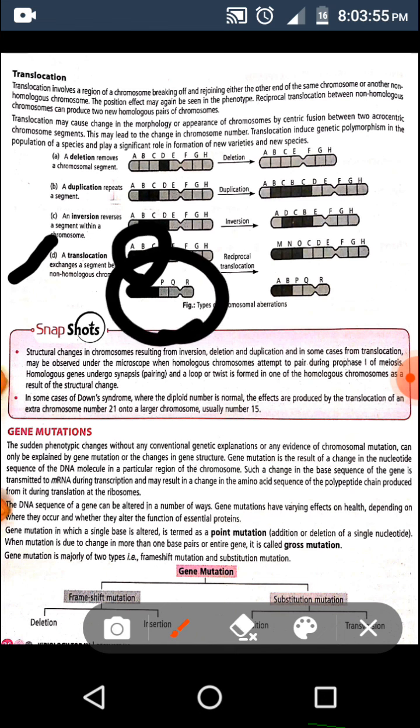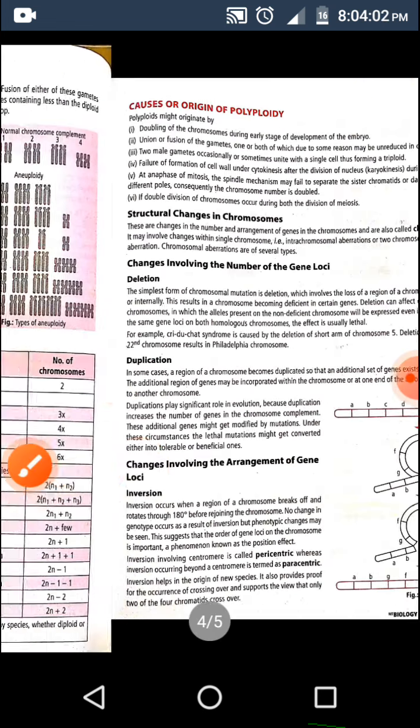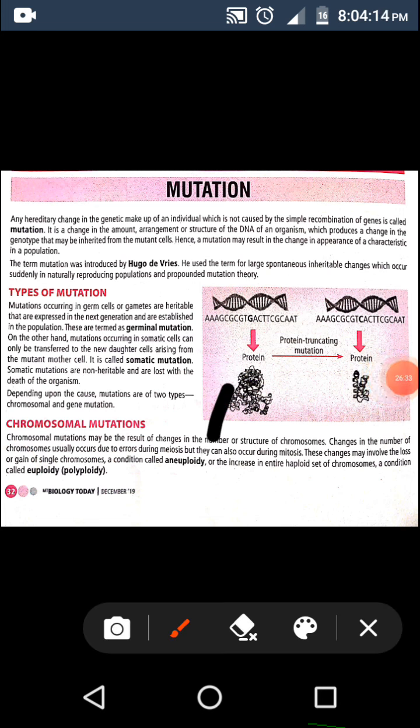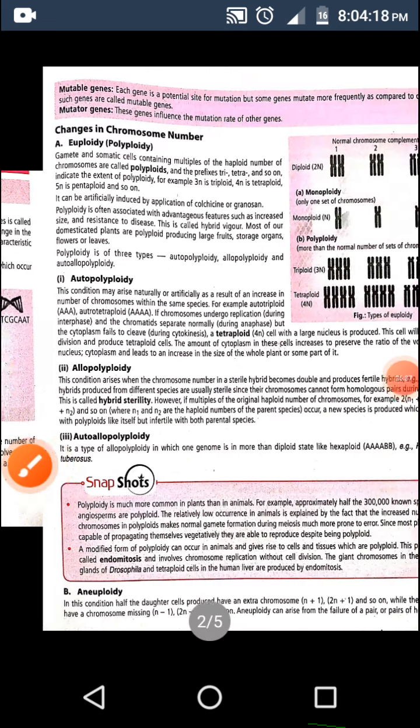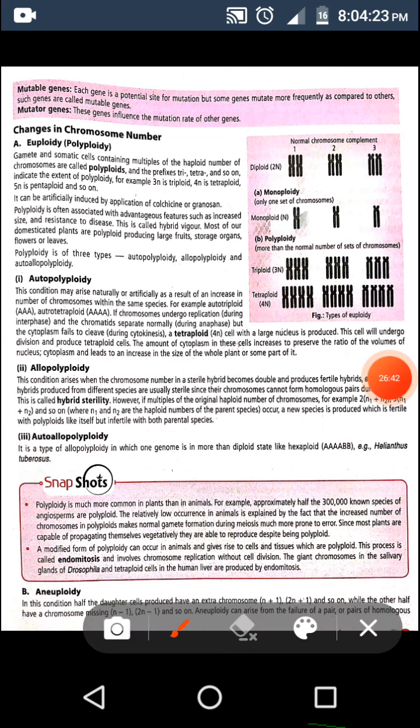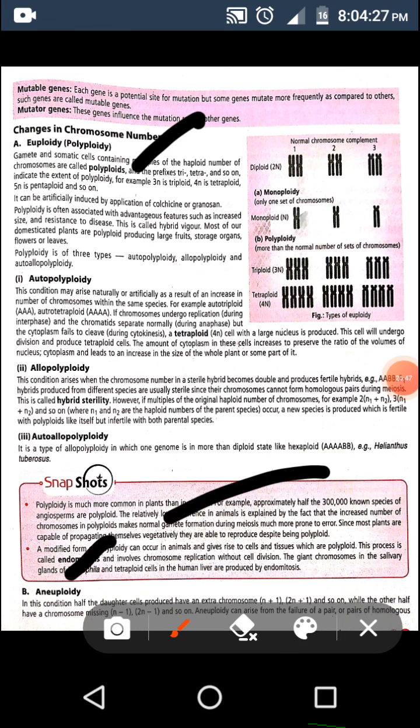So in this way, we mainly study chromosomal mutation in two different types. One is based on the number of chromosomes, another is based on the structure of chromosomes. In the change in chromosome number, we mainly study Euploidy and Aneuploidy. In Aneuploidy, we mainly study hyperploidy and hypoploidy.